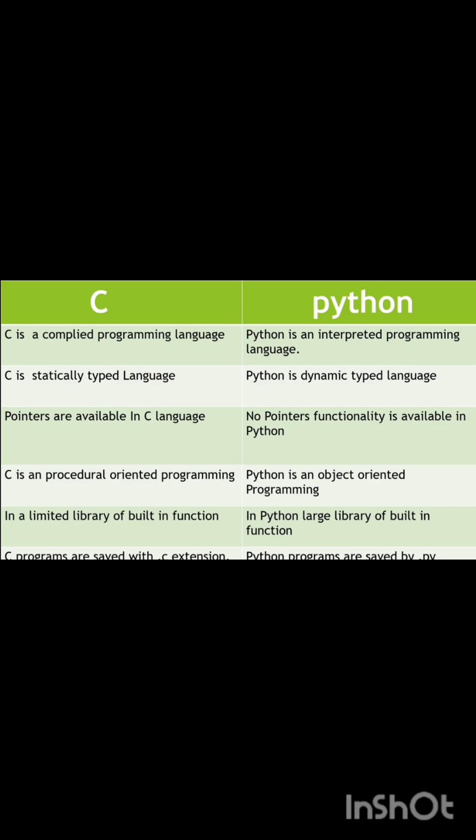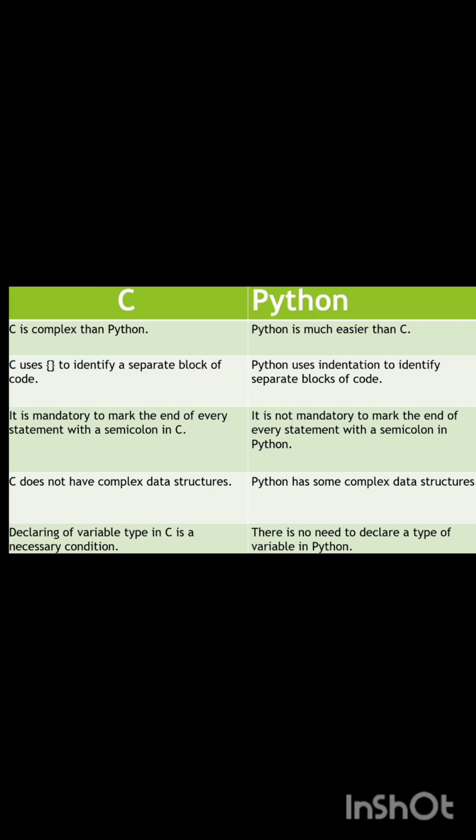C has limited libraries or built-in functions. Python has large libraries of built-in functions. And in C, programs are saved with the .c extension, but Python programs are saved with .py.